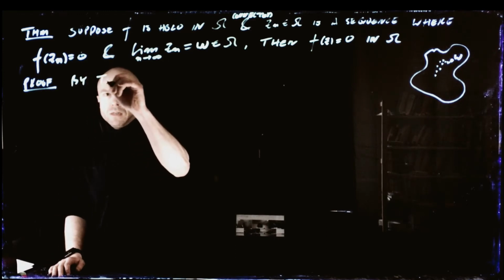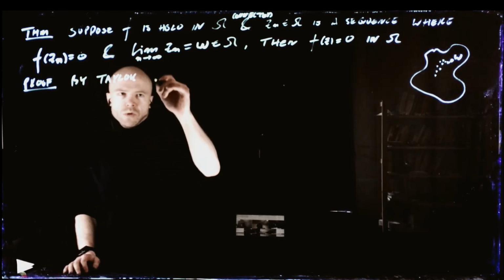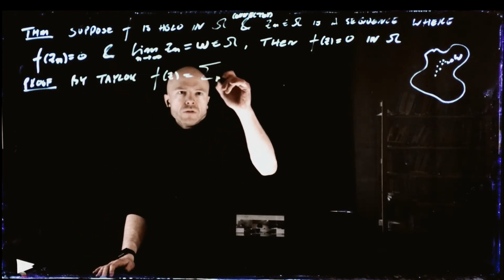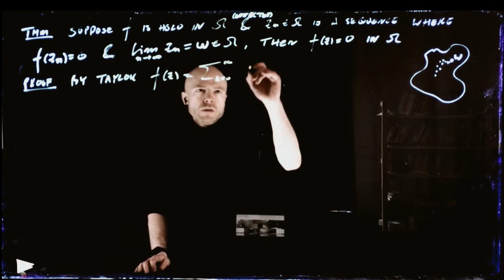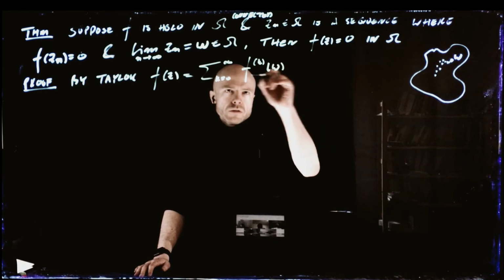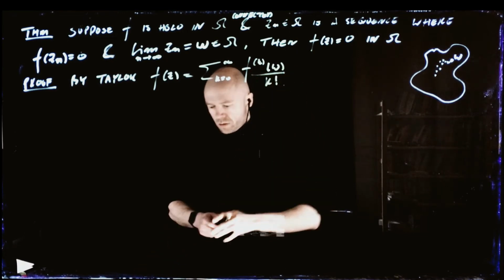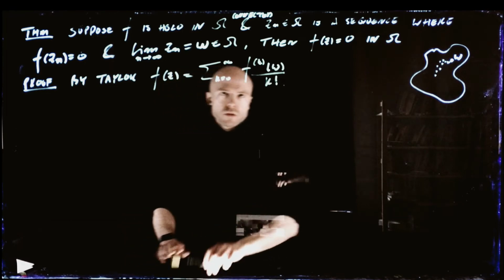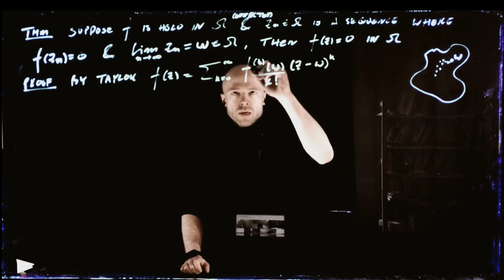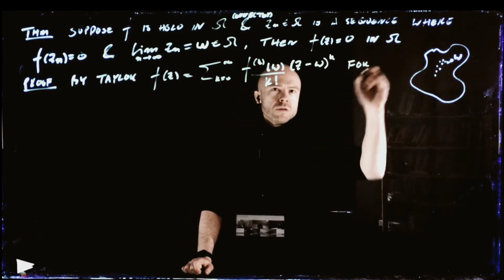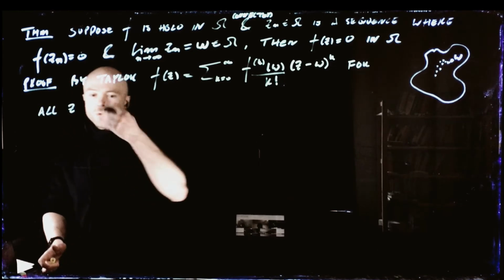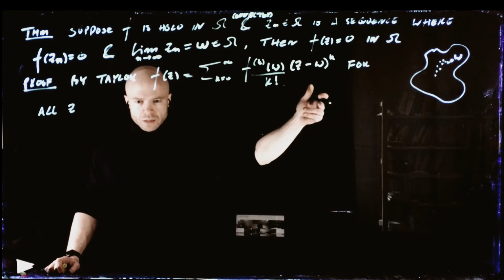Yeah. So by Taylor, we have that f of z is equal to the sum from k equals 0 to infinity of the kth order derivative at w over k factorial of z minus w to the k, and that holds true for all z within the radius of convergence of this Taylor series.